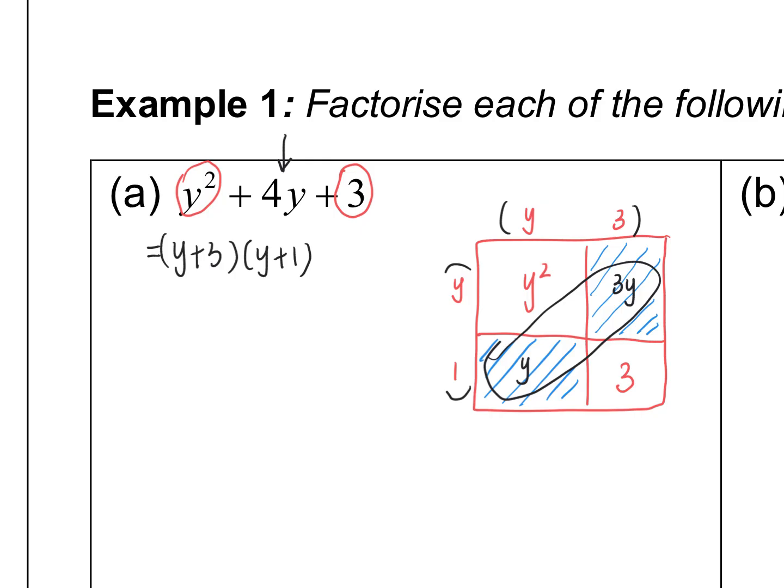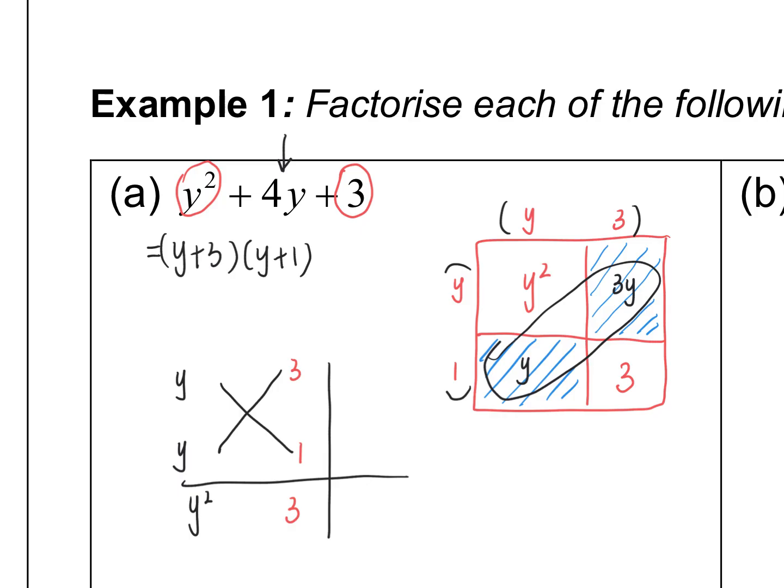If you don't like this, we use the cross product. First, the y squared goes here. So y times y gives me y squared. The number goes here. So 3 times 1 gives me 3. Diagonally you multiply. This one is 3y.